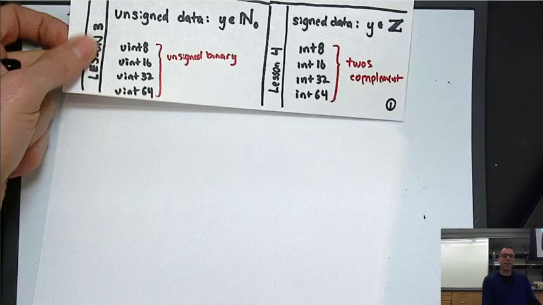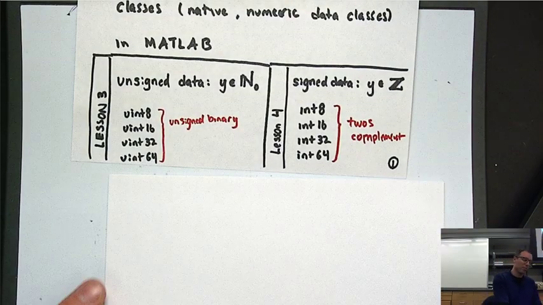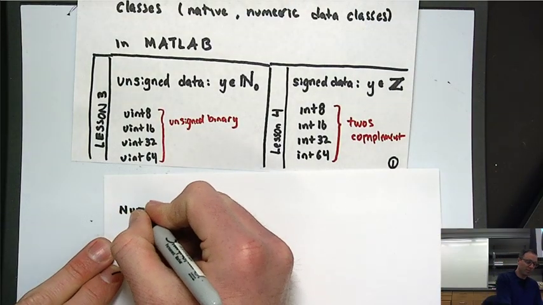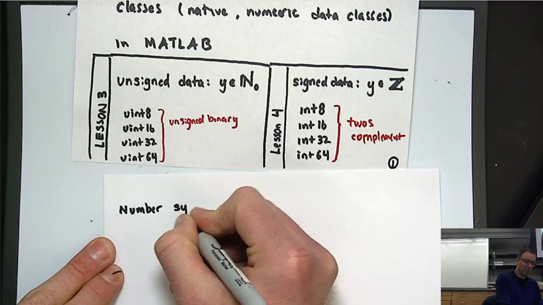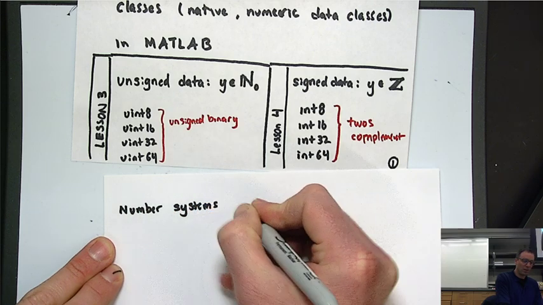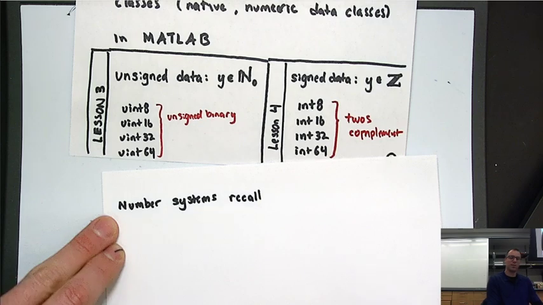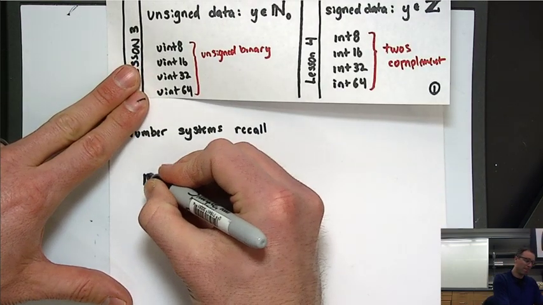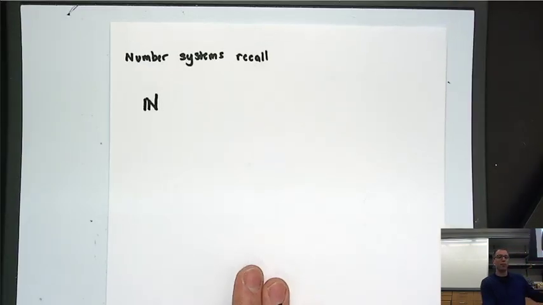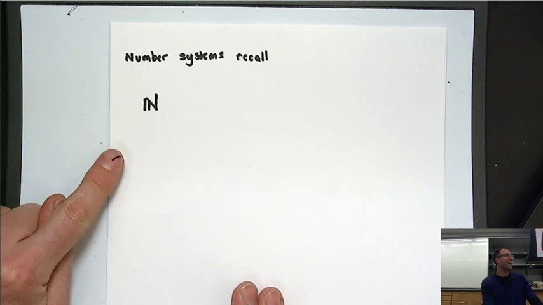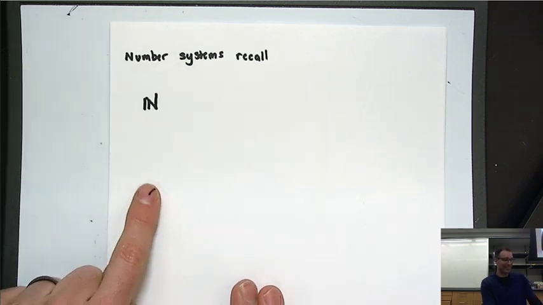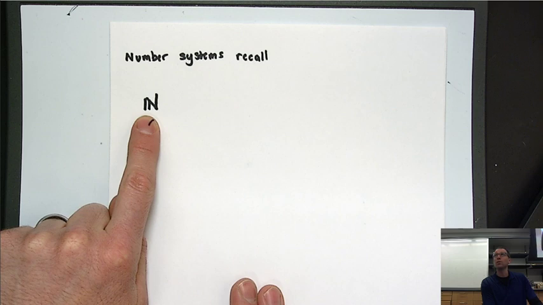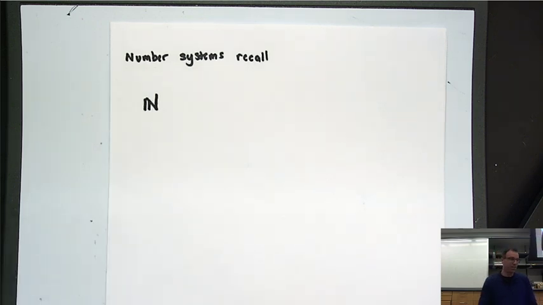So let's just go ahead and think about the mathematical representation of number systems. What were all the number systems that we had? The smallest number system that we studied formally was called the natural numbers.